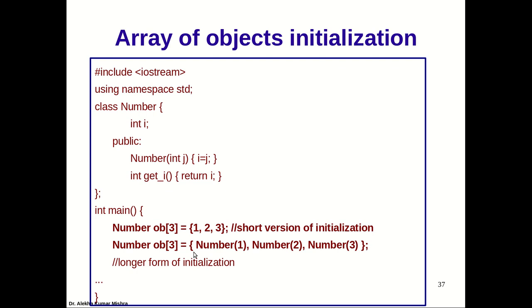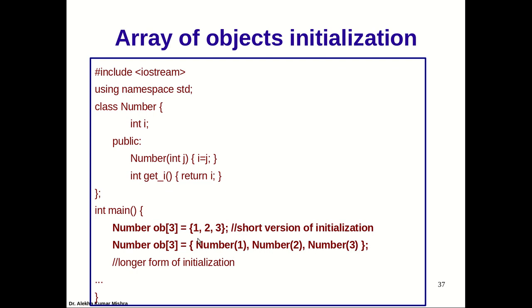Because this class Number has a constructor that takes only one input, we are calling the constructor Number passing 1, calling the constructor Number passing 2, calling the constructor Number with 3.